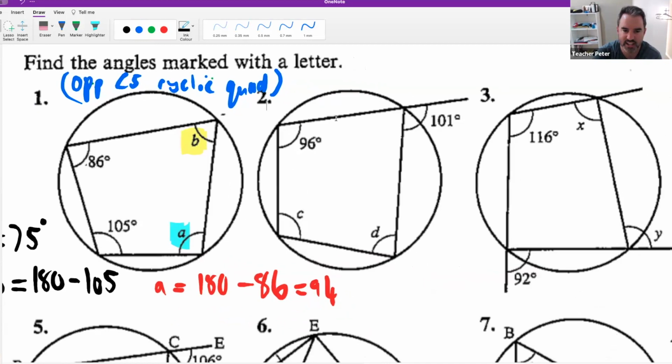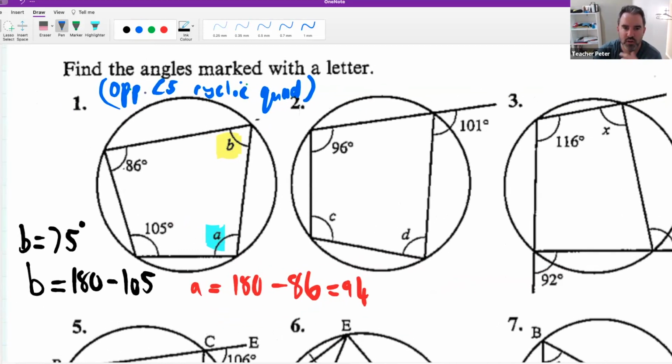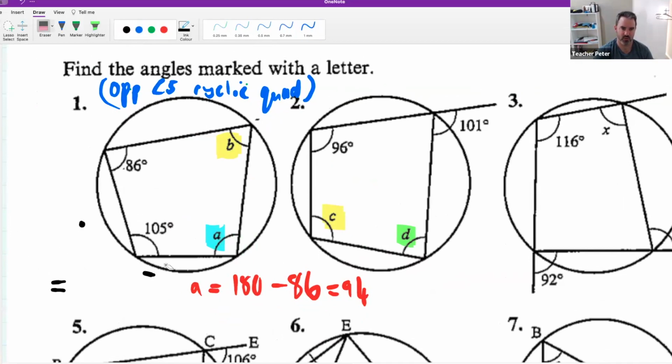Okay, let's try and work out what C is and what D is for number 2. So can you work out what C is and what D is for number 2 for today? Take a moment, work it out.